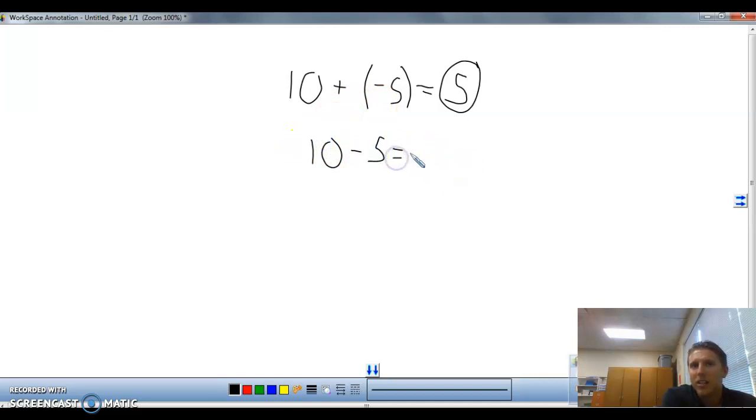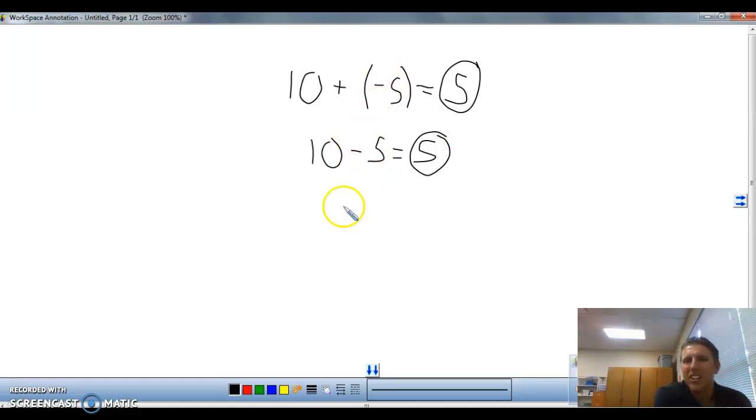And some of you did say that in the past, which you are correct. Adding a negative is the same as subtracting a positive. So we're taking positive 10 and subtracting positive 5. Here we're taking positive 10 and adding -5. There's no difference. You are right. It's still 5. You can change it into a subtraction problem.